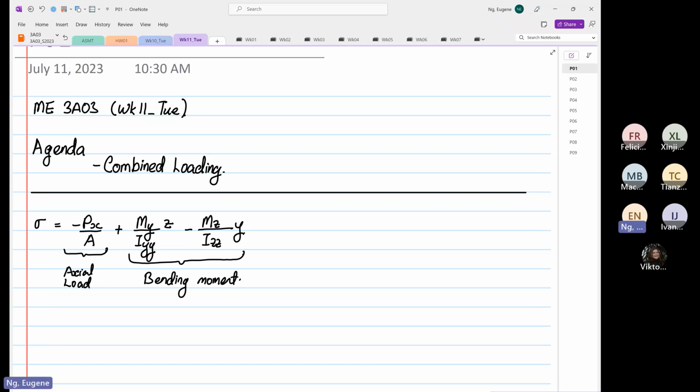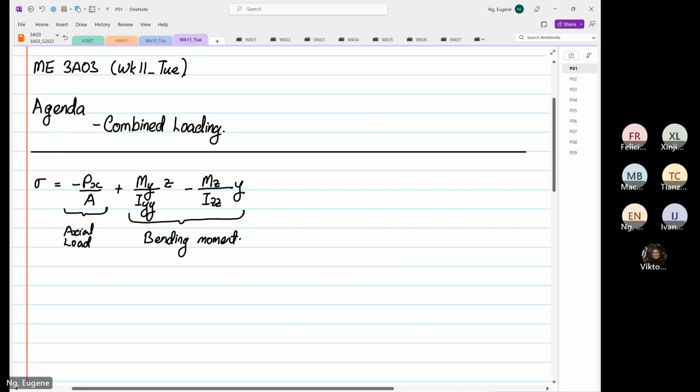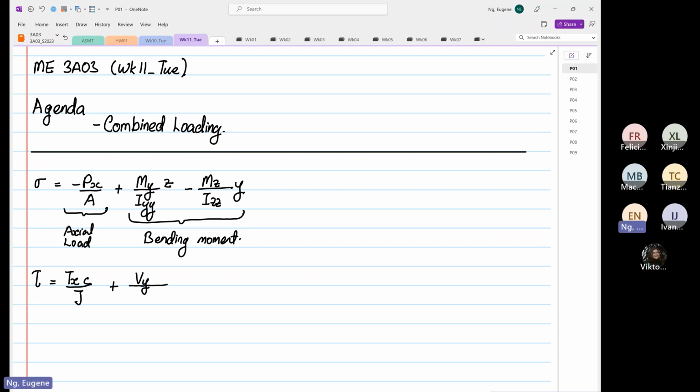Another general formula that we have seen, which is shear stress, is equal to Tx c over J, then we have Vy over Izz Q divided by t, plus Vz over Iyy Qy divided by t. This will look very familiar to all of you.